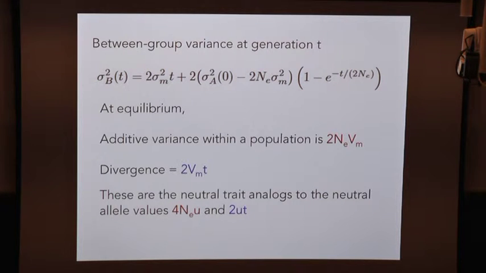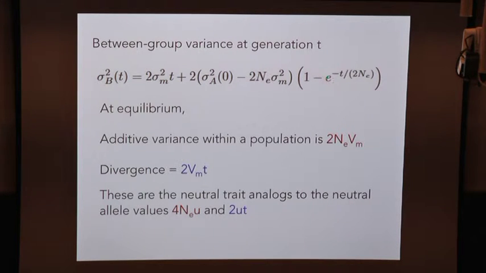So we can then basically ask what happens when drift is removing variation and mutation is pumping in new variation. And what you can show is the between population variance at time t is this. So there's the component. The change is due entirely to new mutation. This component here, for example, let's let new mutation be 0. This is just 2 added variance times that. That's our previous result, right?